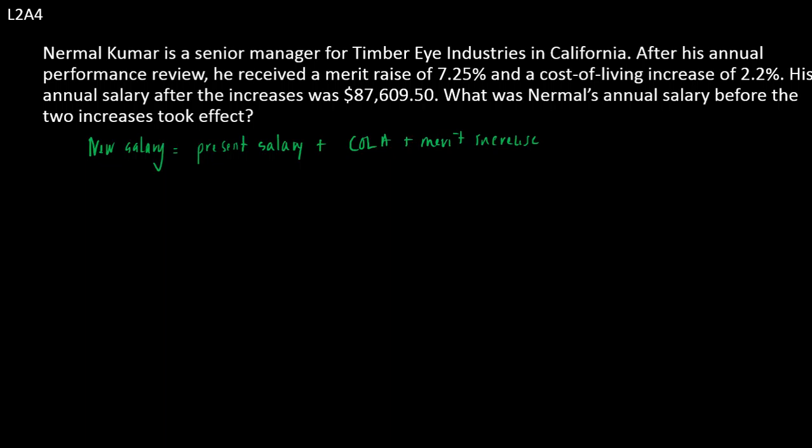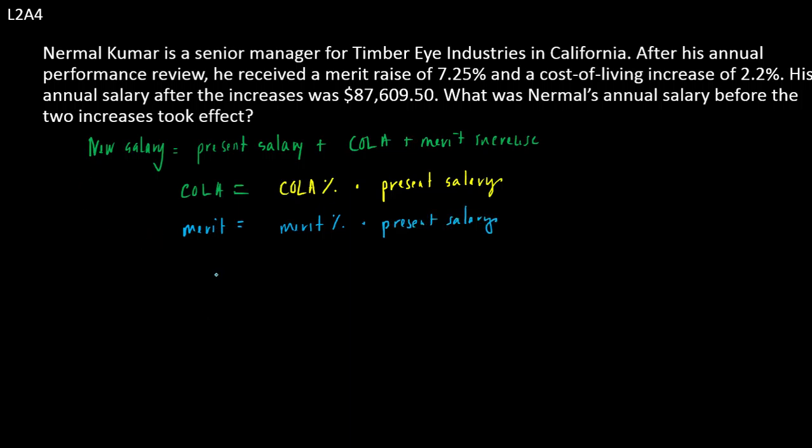This is still a relevant equation because new salary, present salary, cost of living, and merit were all mentioned. Now, remember, to find our cost of living adjustment, we have to take the cost of living adjustment percent and multiply it by the present salary. To find merit increase, the dollar amount, we take the merit increase percent and multiply that by the present salary.